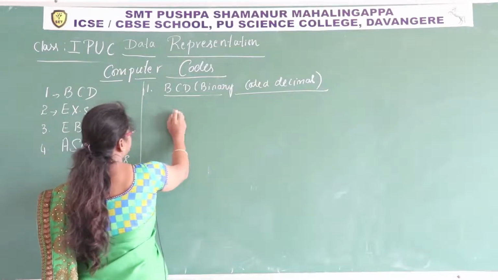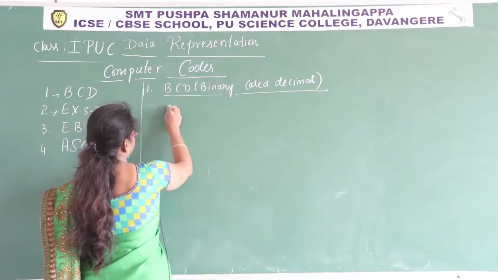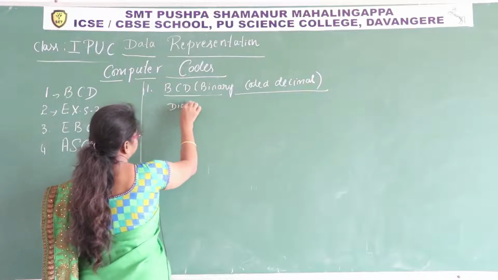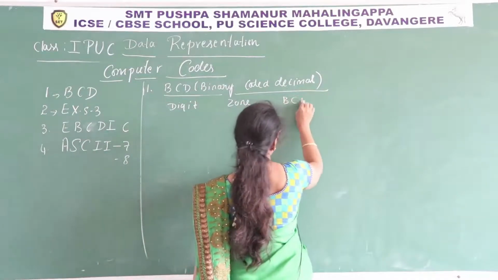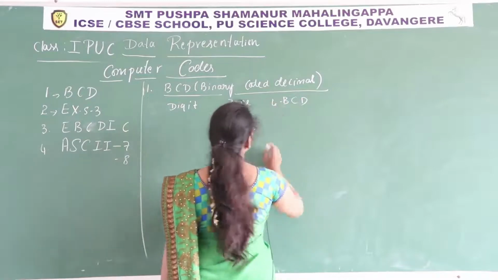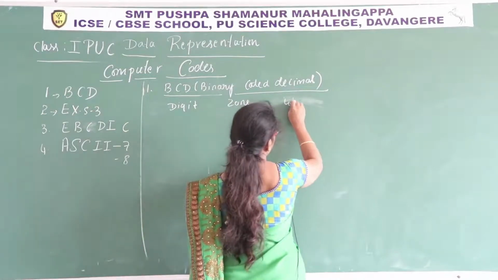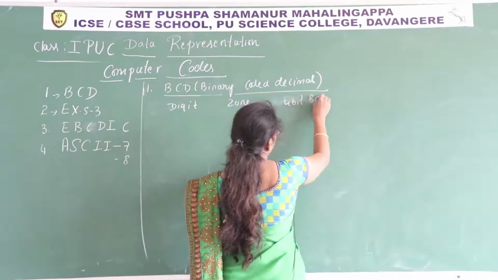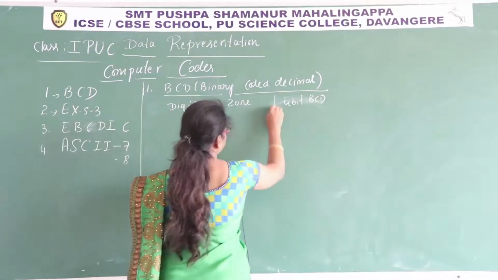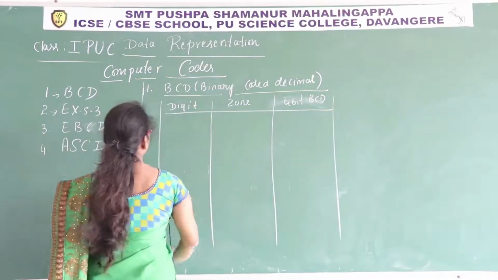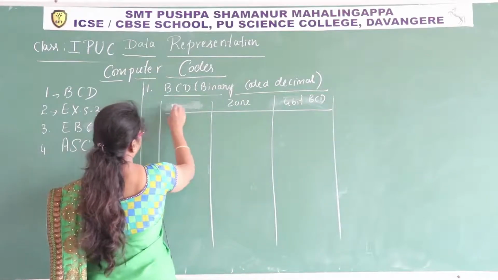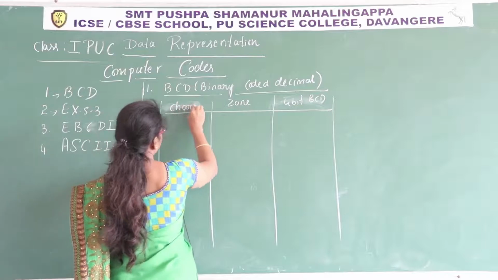6-bit BCD: digit, zone and BCD, the 4-bit BCD. Or character, I'll consider everything as a character, no?